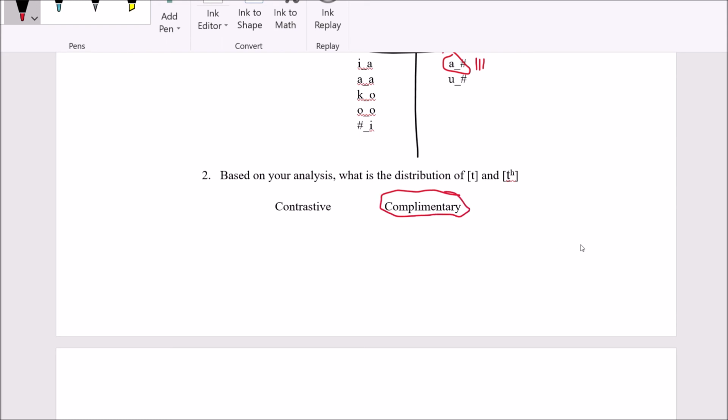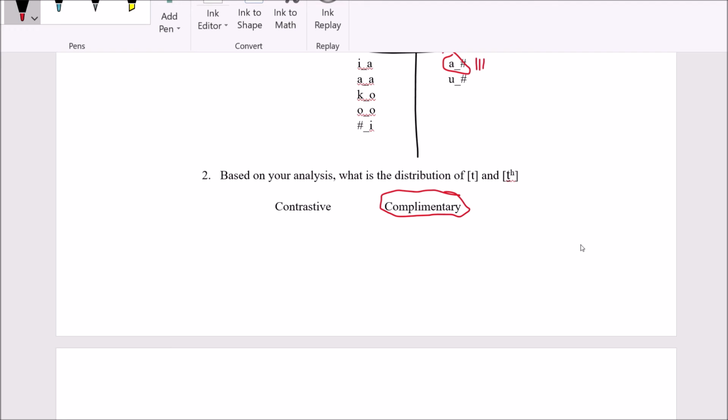Complementary. So remembering our superhero metaphor for phonemes and allophones, it's just like imagine you're Lex Luthor or the Joker trying to find the identity of Batman. If you never see Clark Kent in the same place as Superman, every time Clark Kent was there and the crime happens, suddenly he disappears.